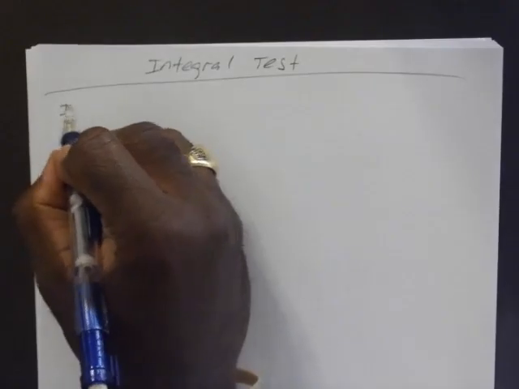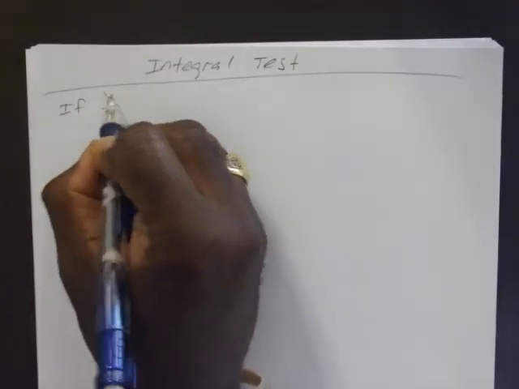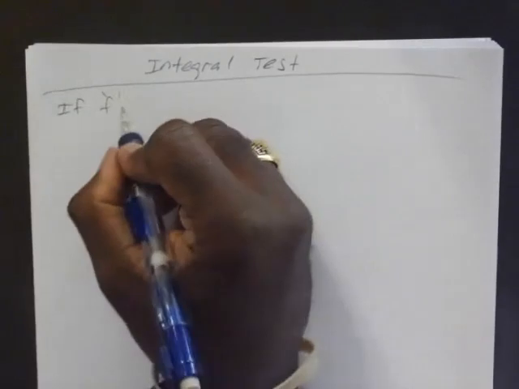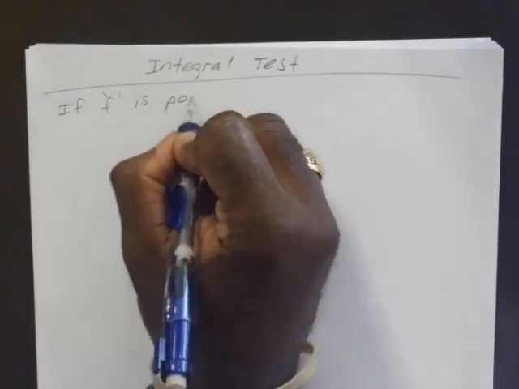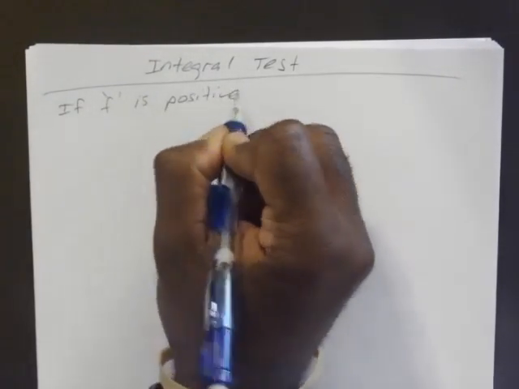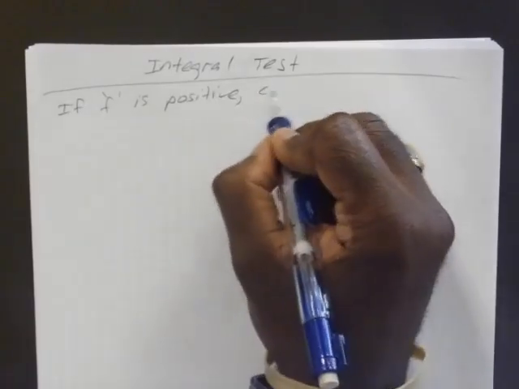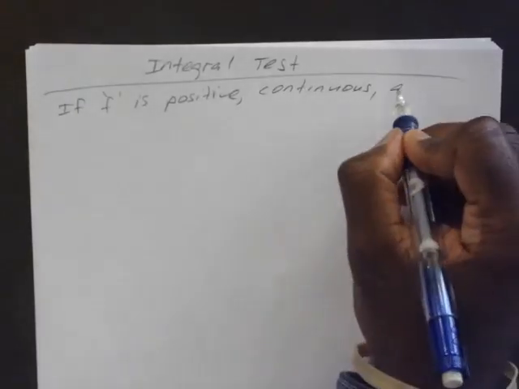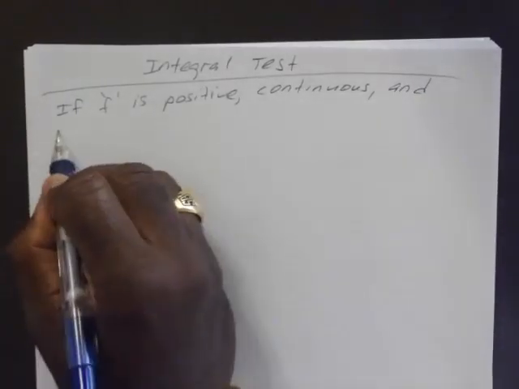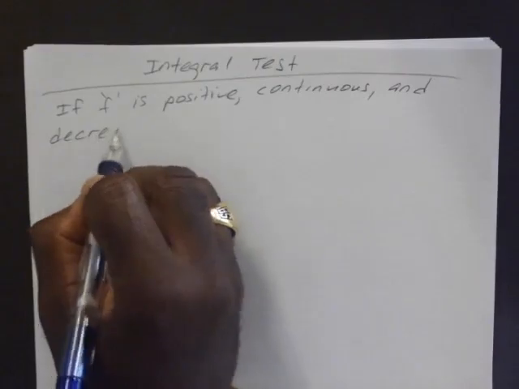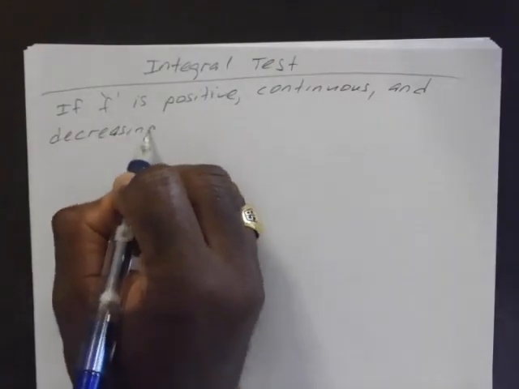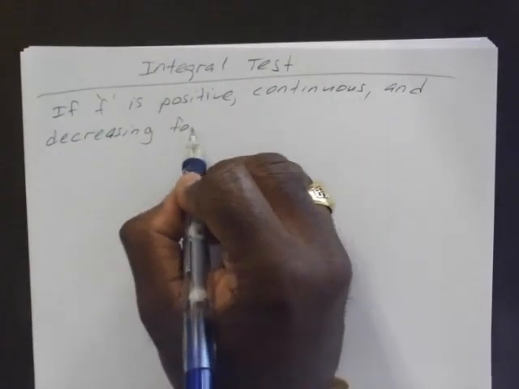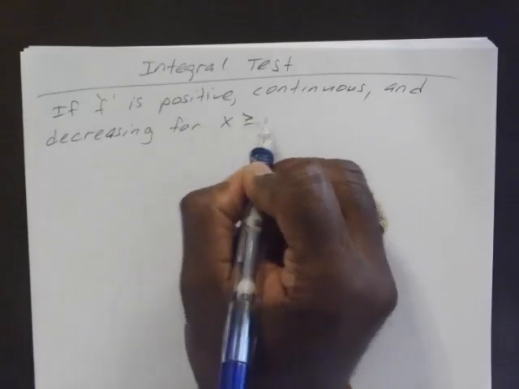Okay, so let's say we know that f is positive, continuous, and decreasing for x greater than or equal to 1.